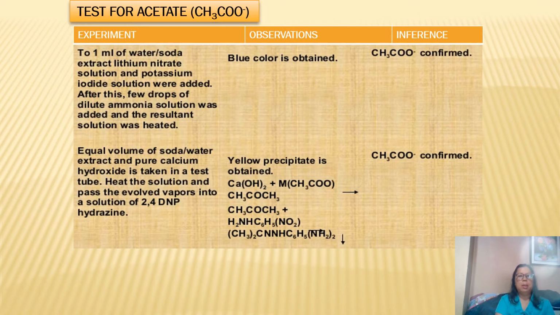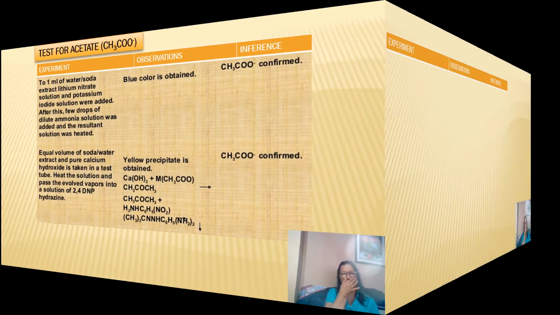Or another, pure calcium hydroxide is taken in a test tube together with the extract or the unknown, and when this is heated, vapors will be produced and a yellow precipitate will be produced. So that will show that acetate is present.